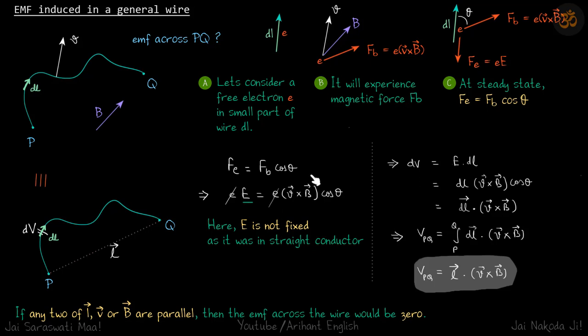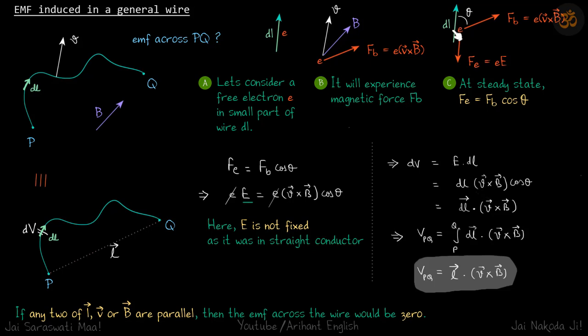So now for this small element, I can write dV is equal to E dl. Here both the electric field and the dl are in the same direction, so I can treat it as a small battery on this dl part. So I can write that dV for that small battery is E dl. E I can write from here, I will get dl into V cross B cos theta.